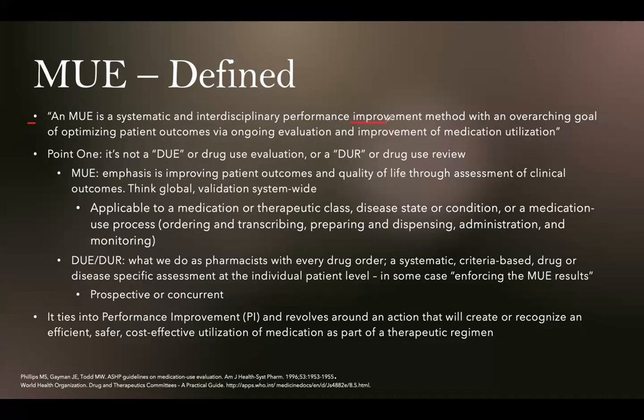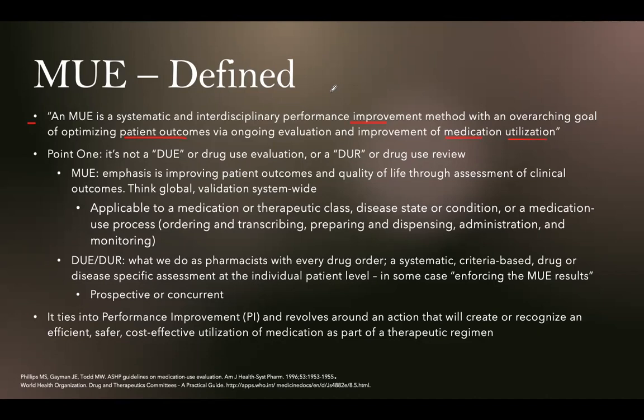Again, I'm emphasizing improvement of patient outcomes by doing ongoing evaluation and improvement of medication utilization. So just by definition alone, the overarching goal is to improve processes as it relates to medications, as it relates to outcomes of patients.